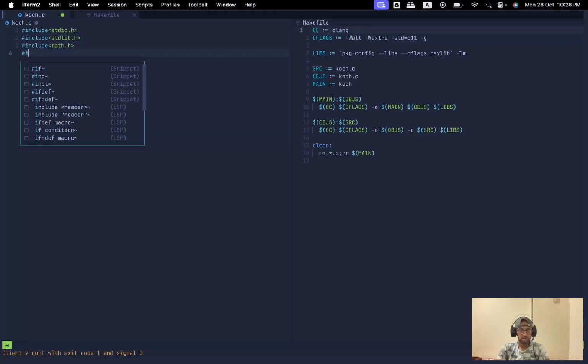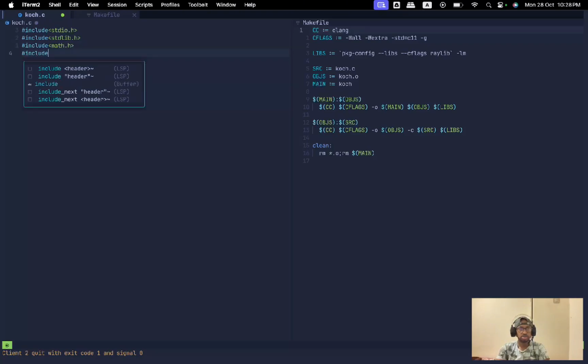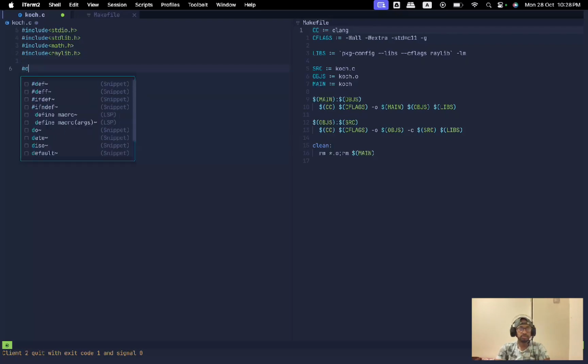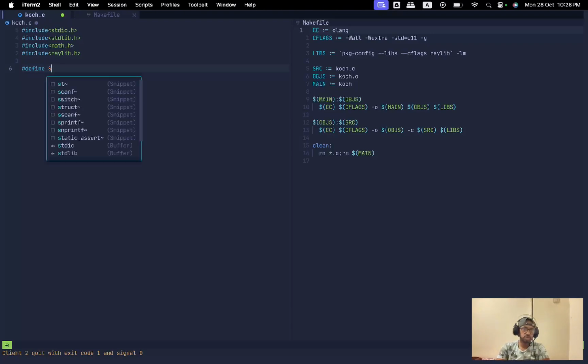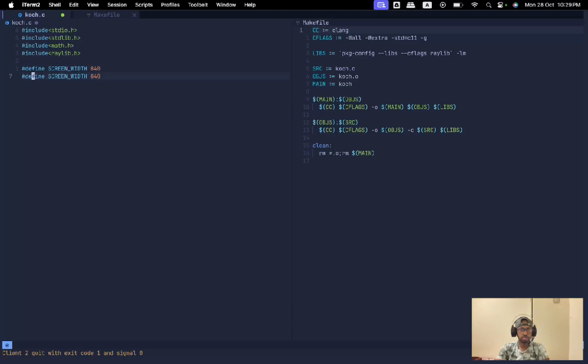Then finally, let's include raylib.h. Let's define the screen width and screen height. Let's give it 840 by 840. I want it to be big.